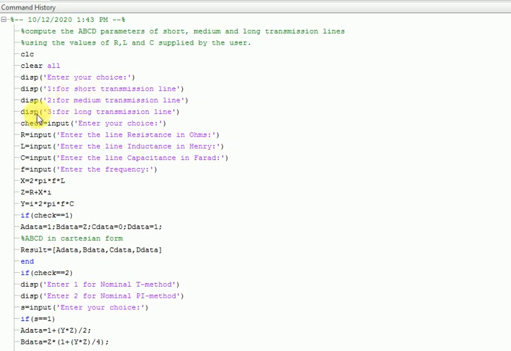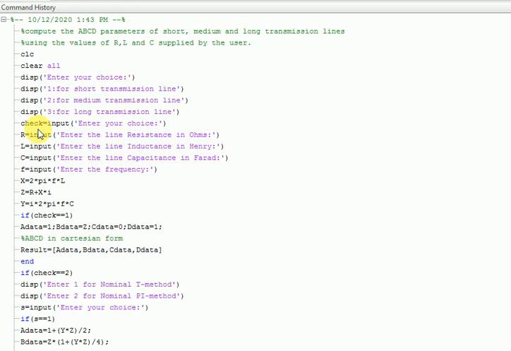So we need to feed 1, 2 or 3, whatever we need to find out for the particular transmission system, short, medium or long. We need to feed just the number, and then the program will enter automatically into that type of transmission line solution.